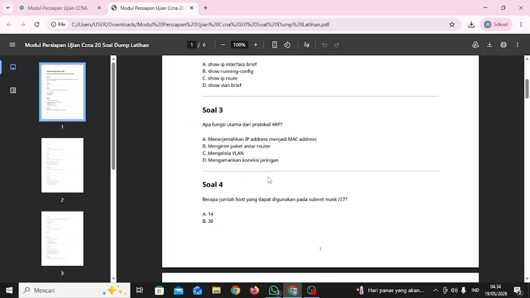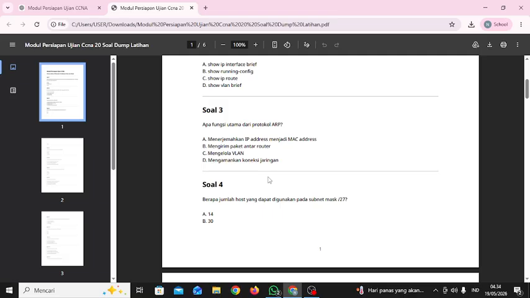The process works like this. First, PC1 sends an ARP broadcast request, and then the destination device replies with its MAC address, and then PC1 stores the result in the ARP table. ARP is essential because Ethernet communication uses MAC addresses at layer 2.